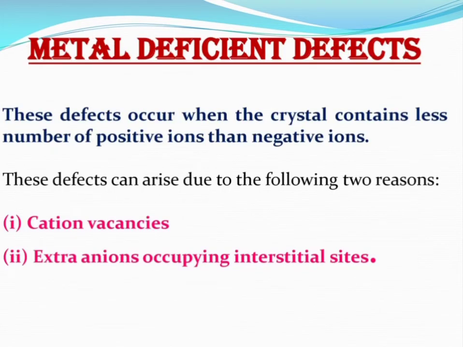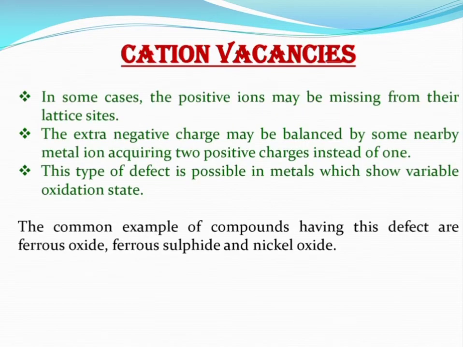Next, metal deficient defects. These defects occur when the crystal contains a smaller number of positive ions than negative ions. These defects can arise due to the following two reasons. First one, cation deficiencies. Second one, extra anions occupying interstitial sites.